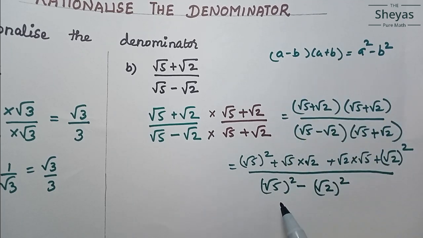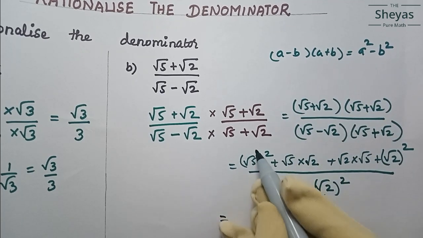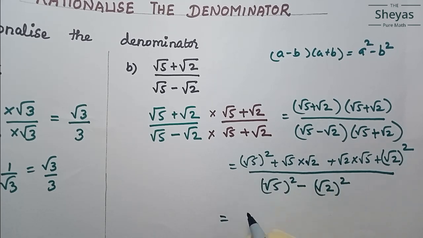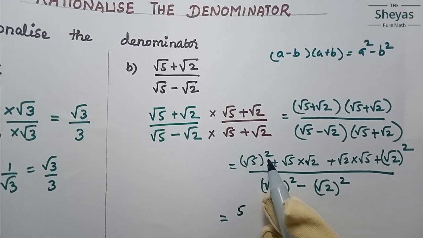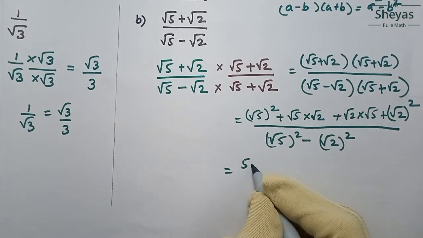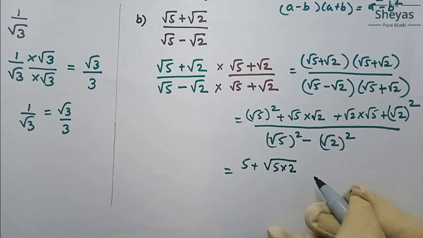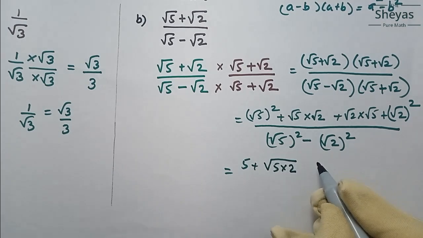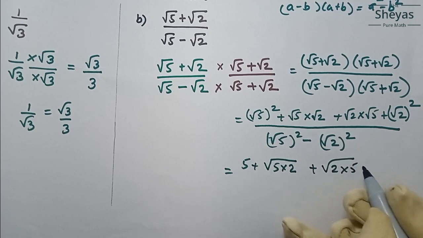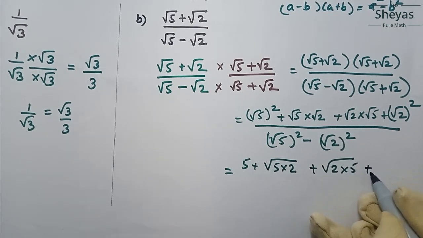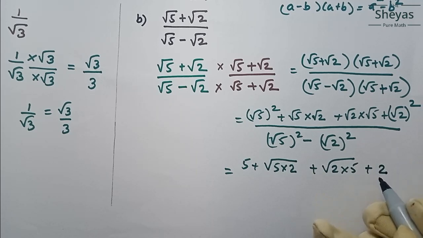Root 5 the whole square can be written as root 5 into root 5, which is 5. Then we can write the middle terms in a single square root: root of 2 into 5, plus root 2 square is 2.